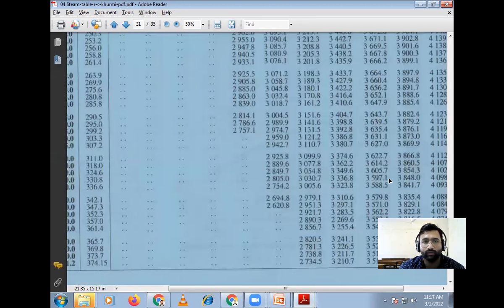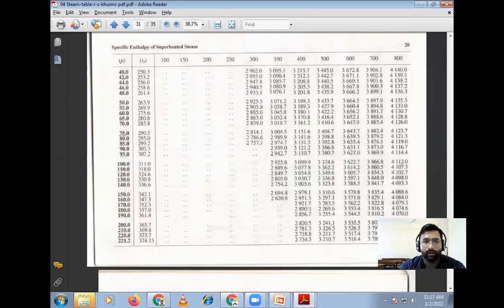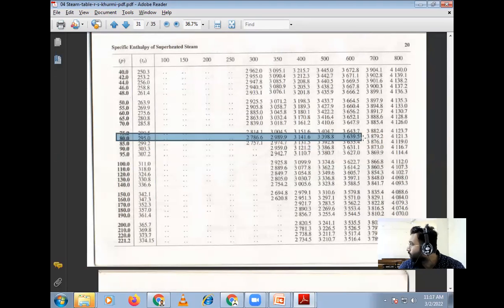In that, search for 600 degrees Celsius. So at 80 bar and 600 degrees Celsius, the enthalpy is 3639.5. Have you located it?